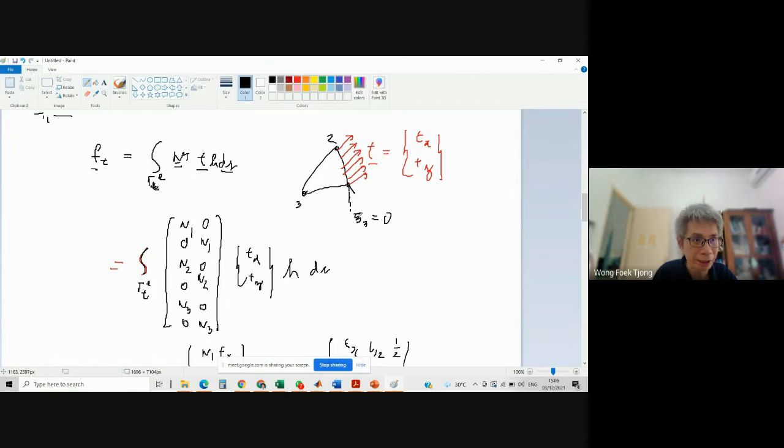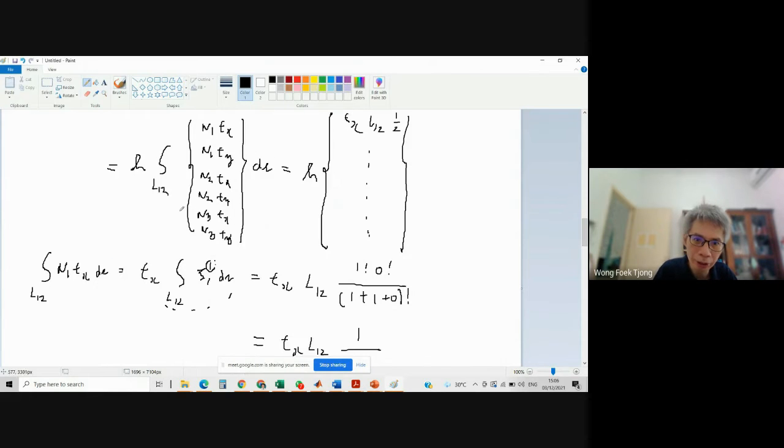We have three area coordinates, C1, C2, C3, but along this line, C3 is 0. Because by definition, area coordinate is the distance from this side, and the distance from this side along this line is 0. So for the 5th and 6th rows, this will be 0.